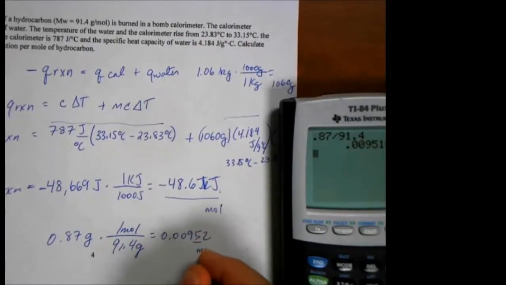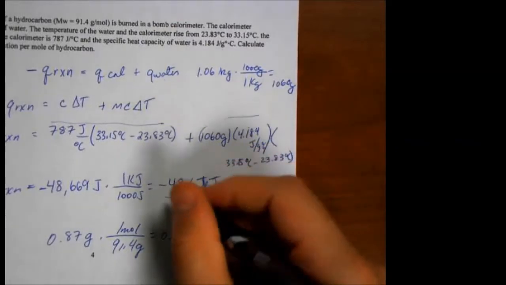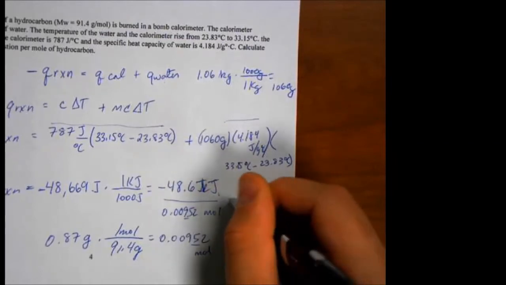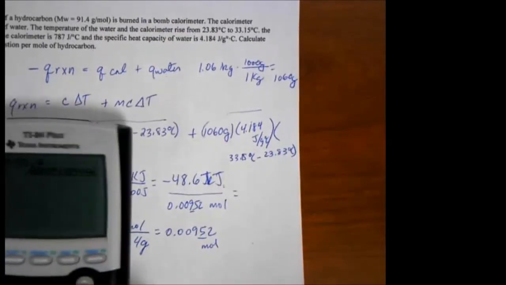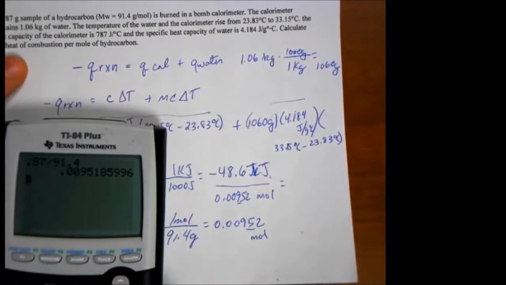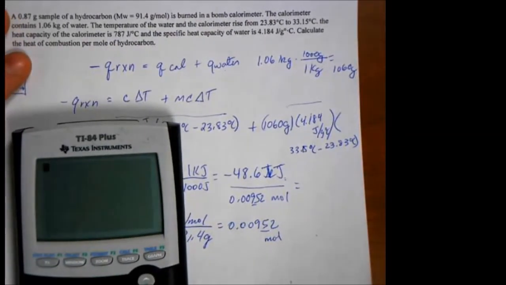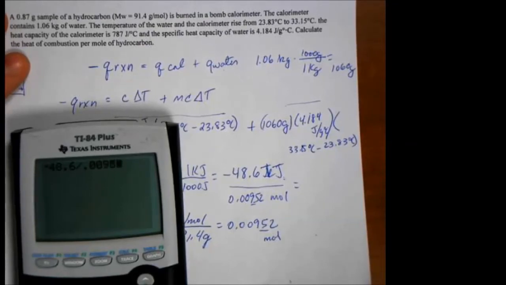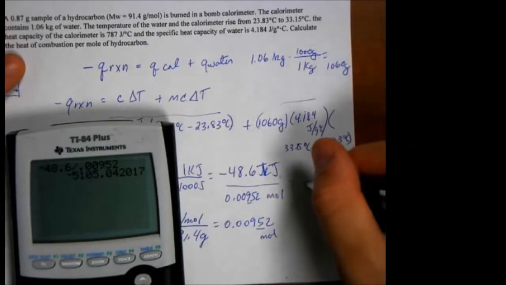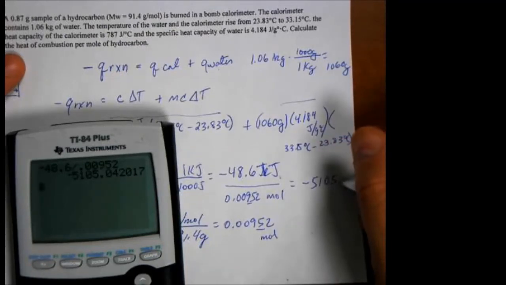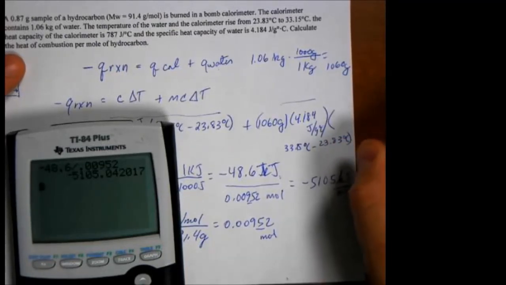0.00952 moles. And so here we're going to plug in 0.00952 moles. If we do our division, negative 48.6 divided by 0.00952, that is going to give us minus 5105 kilojoules per mole.